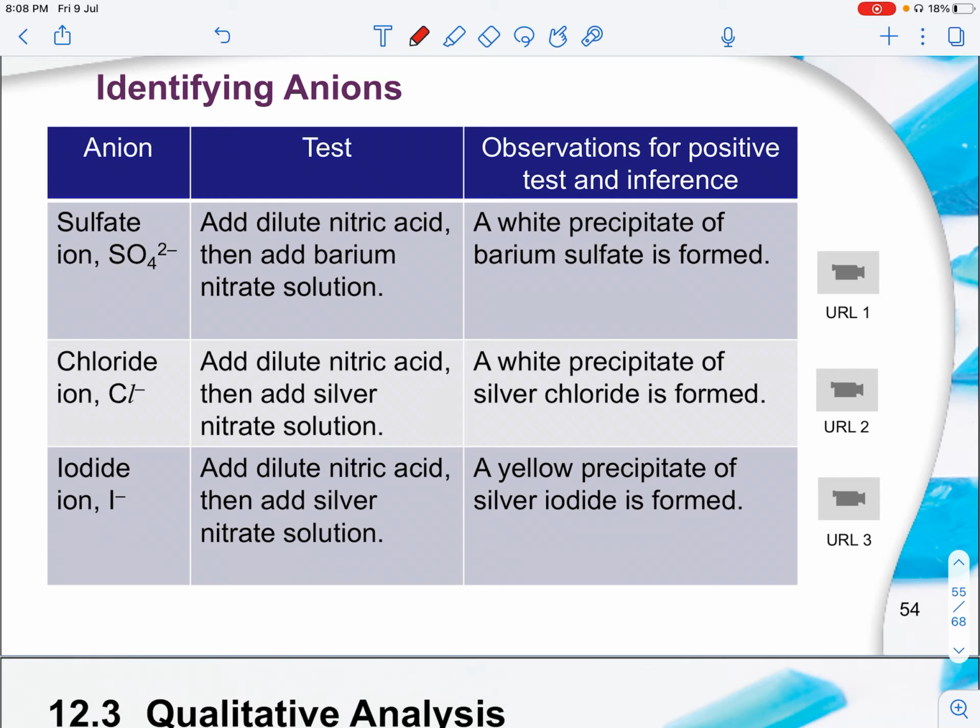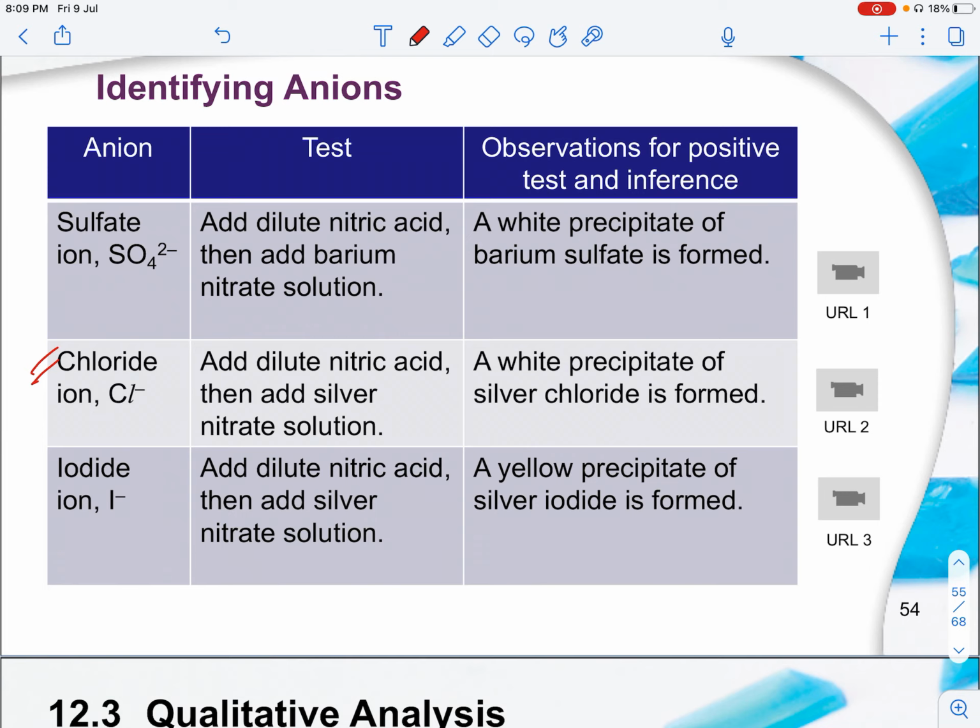This will cause a simple displacement reaction, such that the chloride ion will remove the nitrate and combine with silver, forming silver chloride. This is a very common exam question where you need to know why the white precipitate is formed, or you might be required to write the chemical equation of the formation of silver chloride.